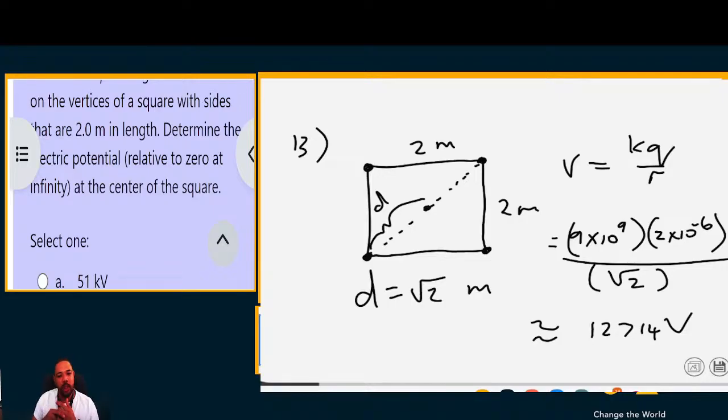So the total voltage is then equal to 4 multiplied by 12714 volt. That is your voltage total. And if you multiply it by 4, that's 12,714 times 4.